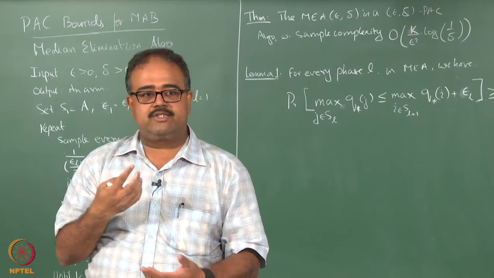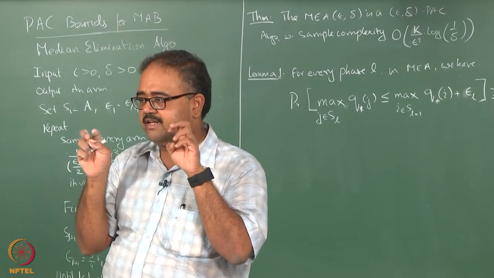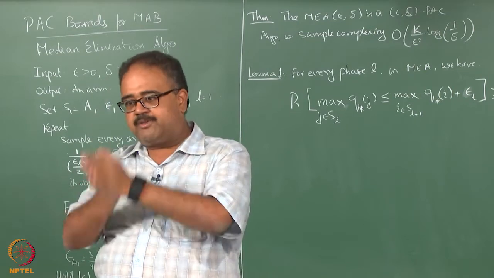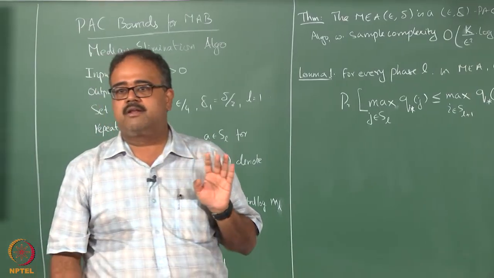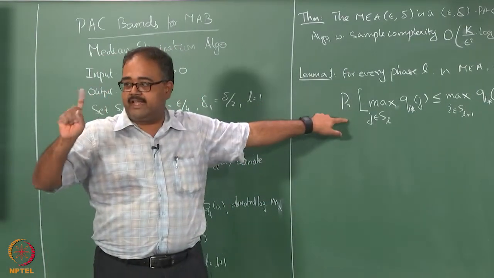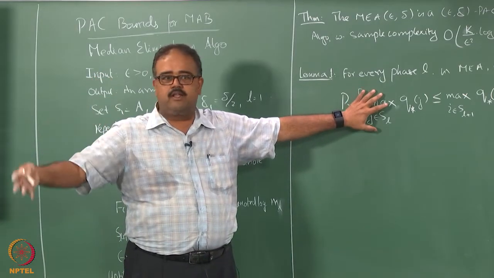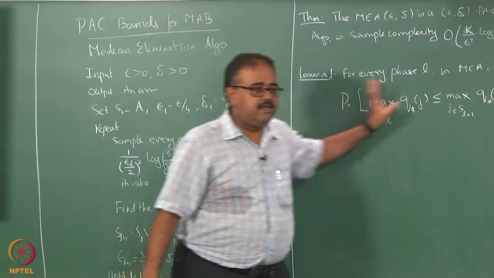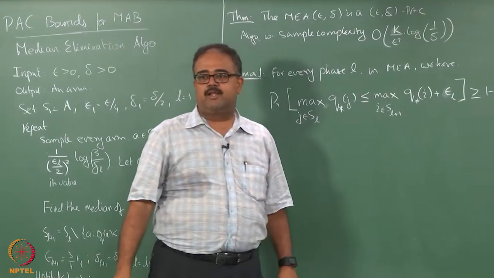So what I am going to show you is that every round I will lose epsilon L, and my epsilon L is chosen such that even if I lose the epsilon L for every L, my overall loss will be epsilon, right. Because we know that when S is S1 the best arm is A star, and if my overall loss is less than epsilon, then at the end of this I will have at least one epsilon optimal arm left, okay.